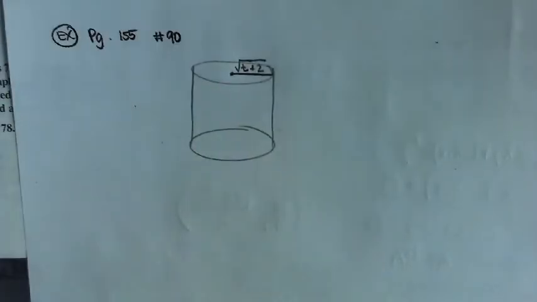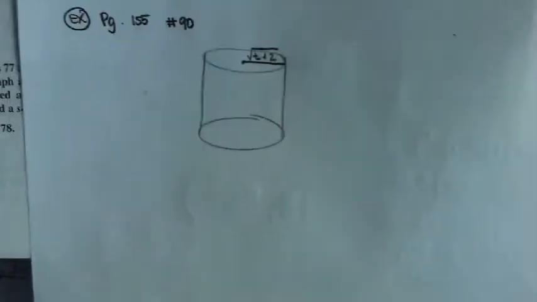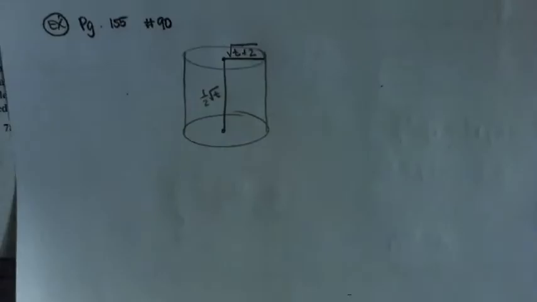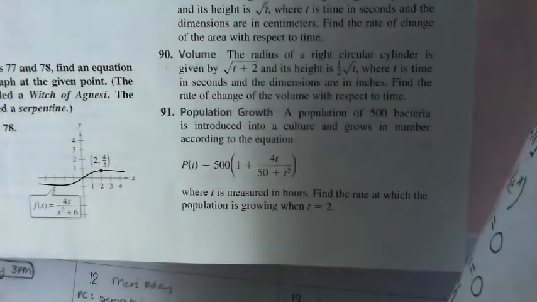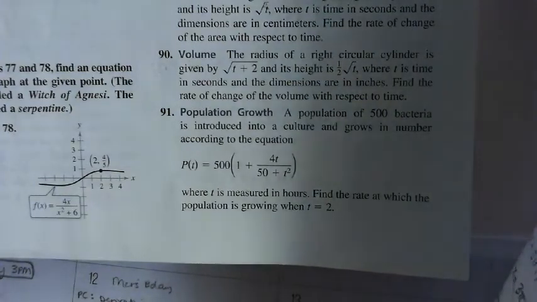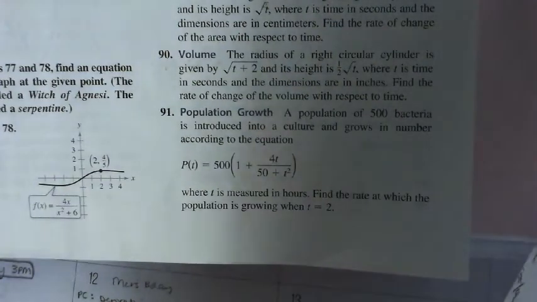Especially when you're dealing with a type of question that looks unfamiliar to you and you haven't seen a bunch like this. And its height is 1/2 root t, where t is time in seconds and the dimensions are in inches. Find the rate of change of the volume with respect to time.